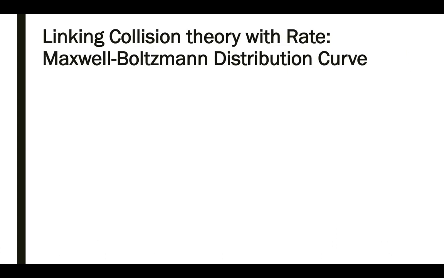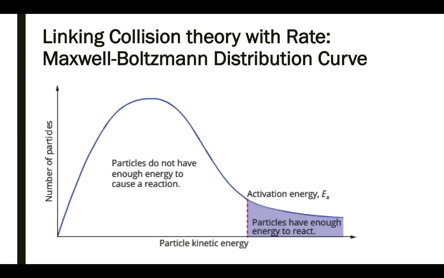Now, let's link collision theory with rate of reaction. Here we have to introduce the Maxwell-Boltzmann distribution curve. We've been talking about energy and lowering activation energy to increase rate of reaction. How does it look if we draw our diagram in this way?